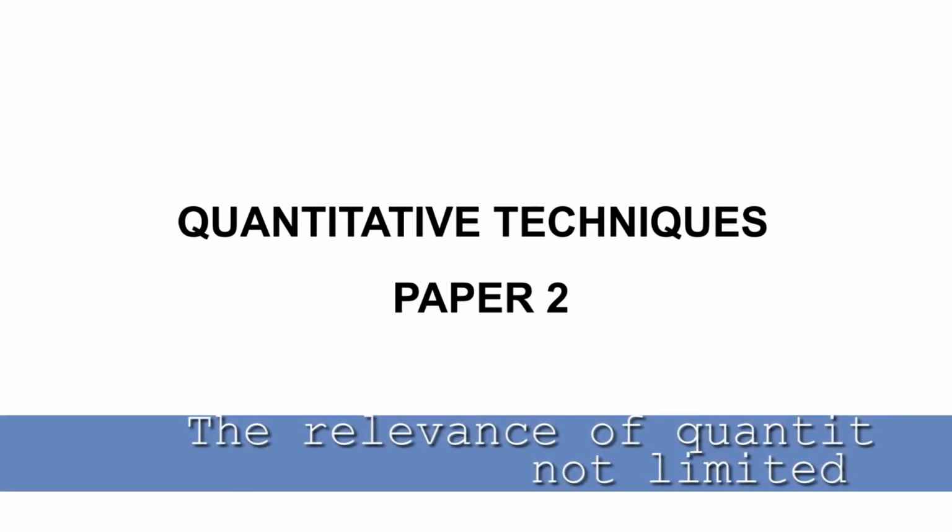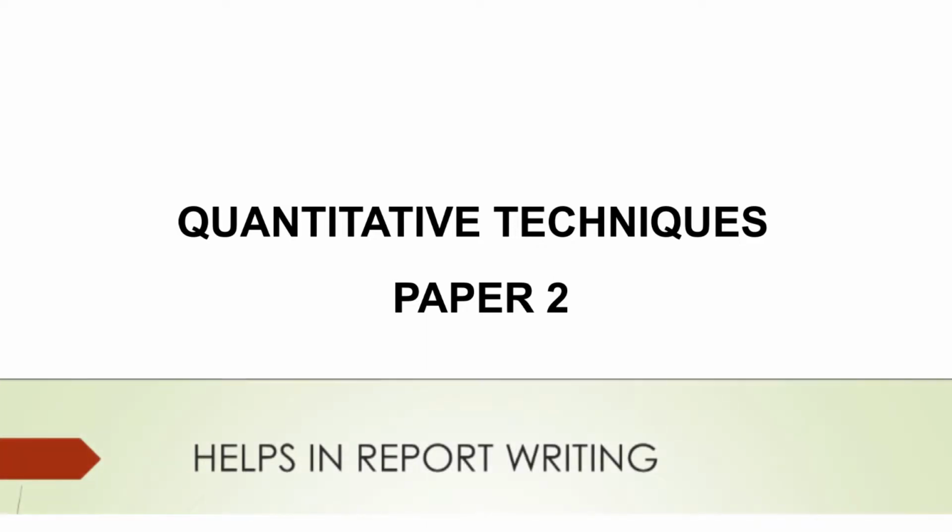So we are saying the relevance of quantitative techniques include but not limited to the following. The first case we have this one, helping in report writing. So paper 18, of course, in most cases you find examining somebody to write a report.